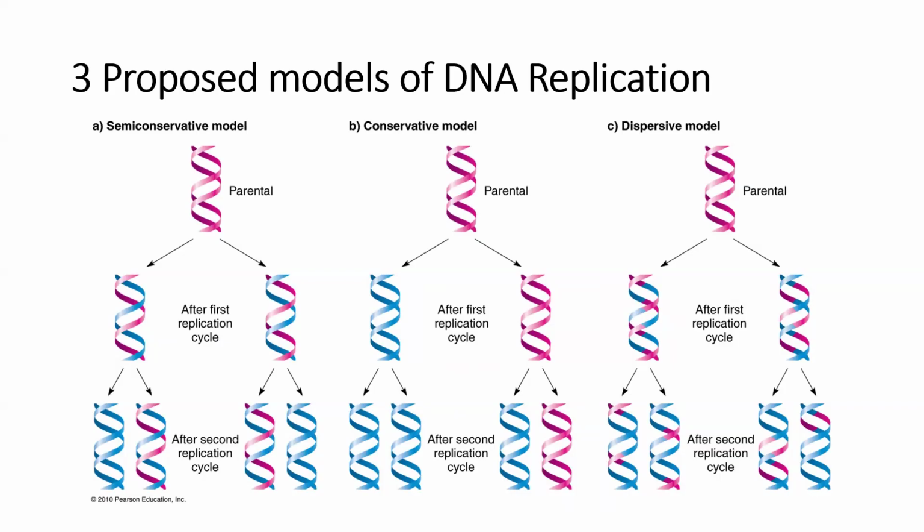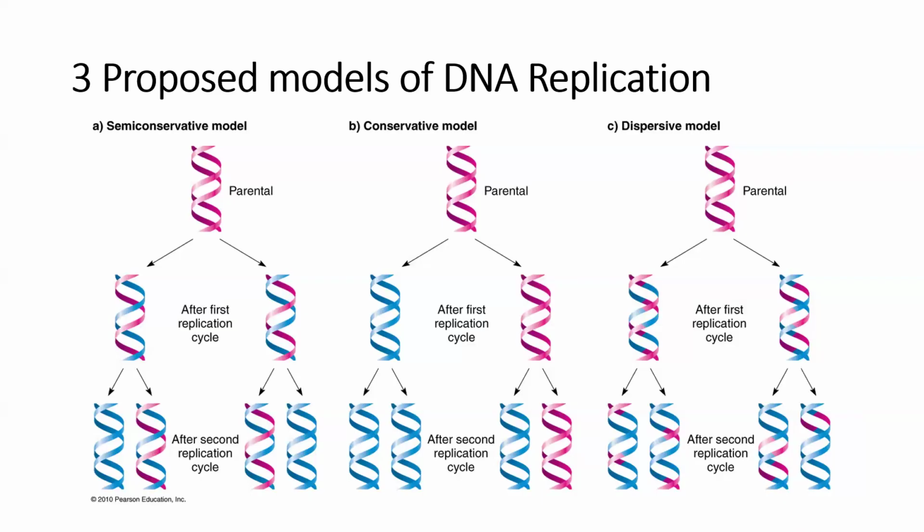If it's AAC on one side, what's on the other side? TTG, right? So knowing one half allows you to build a mirror image. This is the original, the parental DNA. You separate it, and then you build a new strand. The blue represents the new. Make sense? Semi-conservative.